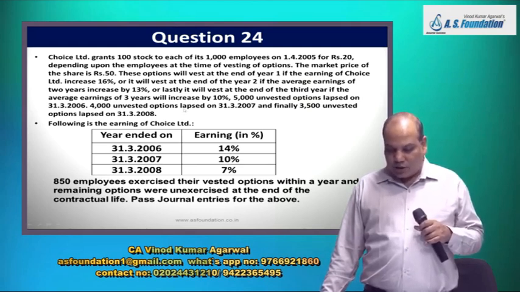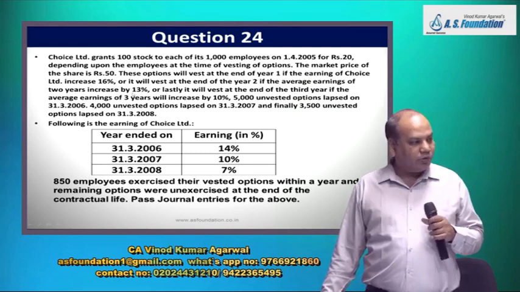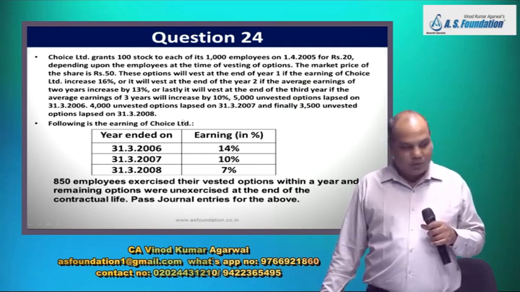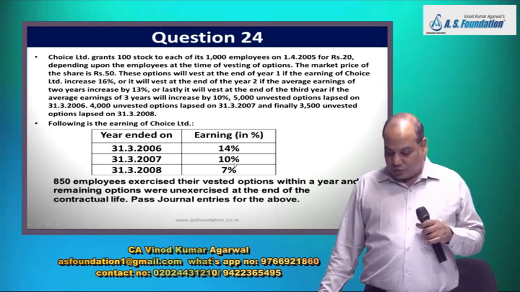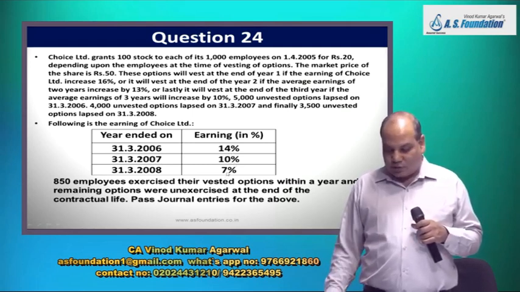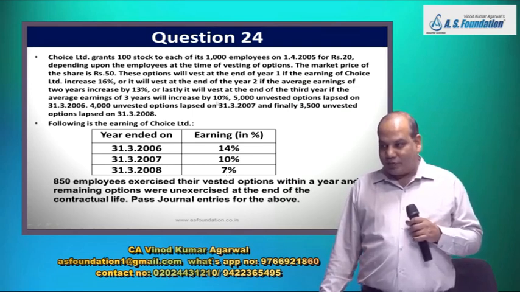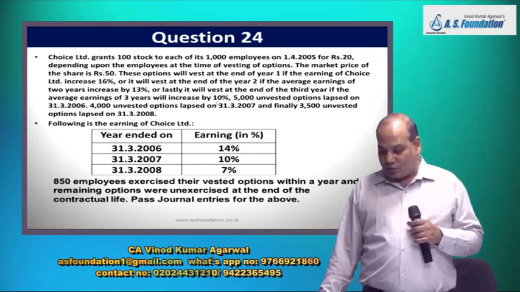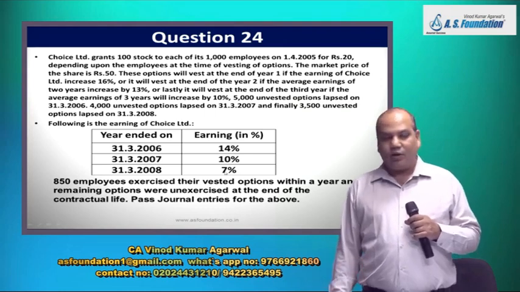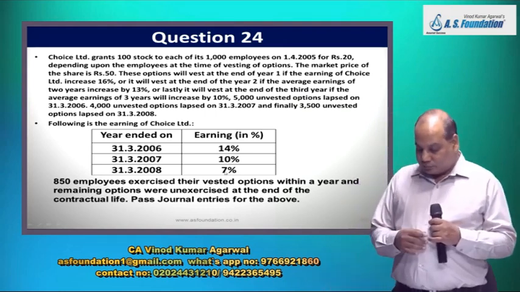But the condition was average earning of the 2 years should increase by 13%. Can vesting period be 2 years? No. And then 7: 14 plus 10 plus 7 divided by 3. Is it more than 10%? Yes, 10 point some percentage. So now the options will vest at the end of 3 years.